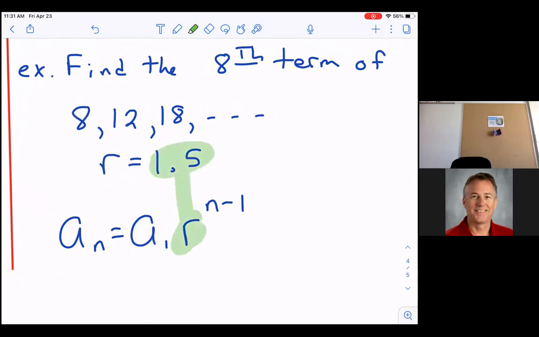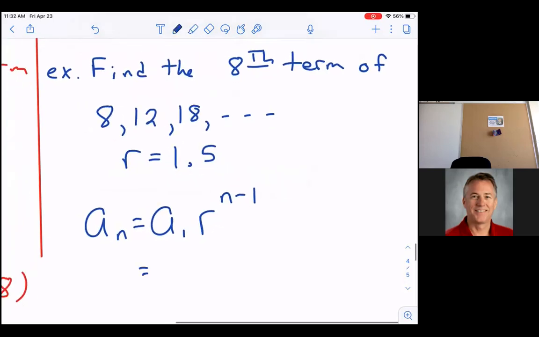R is 1.5. N is the one we're trying to find. We're trying to find the 8th term. So A sub 1 is 8, and our R value, which is 1.5, or you could write that as a fraction, it doesn't matter. I'm going to use my calculator anyways. To the 8 minus 1 power.